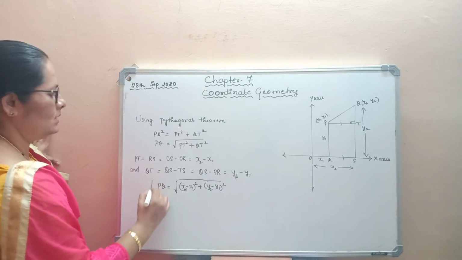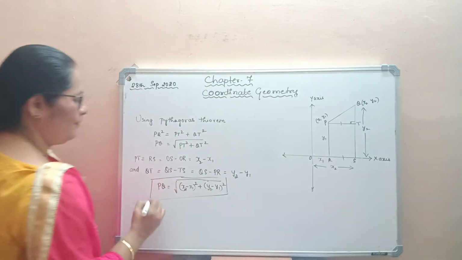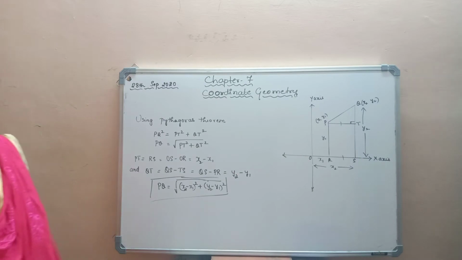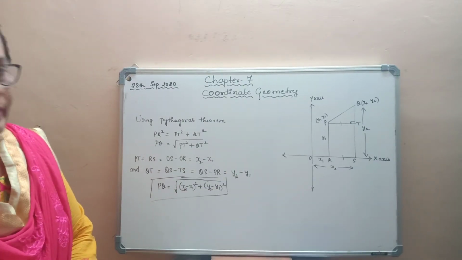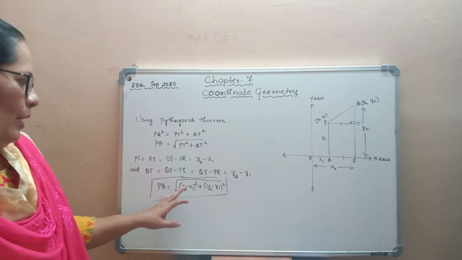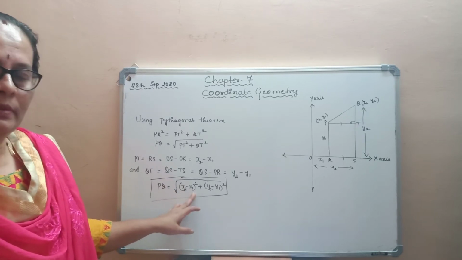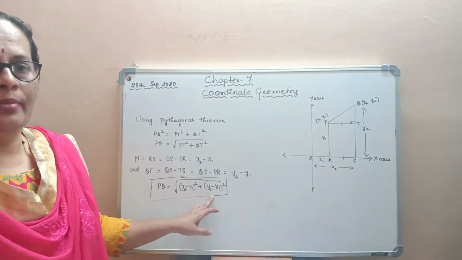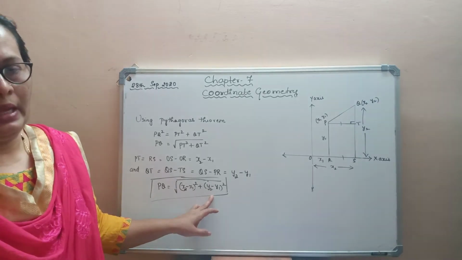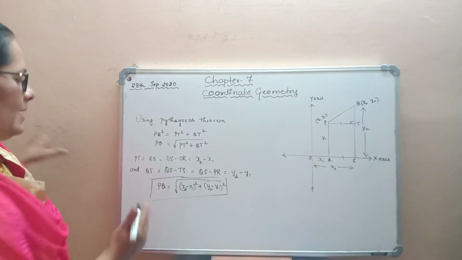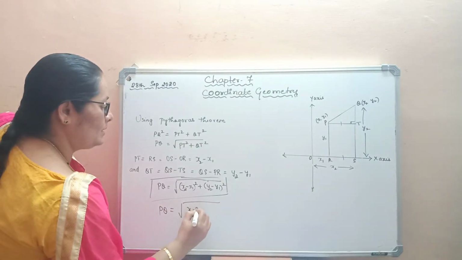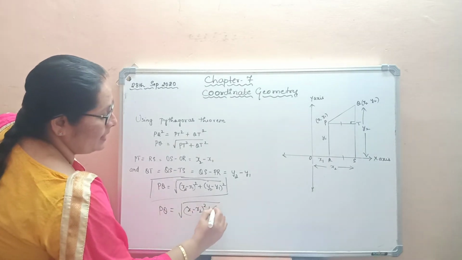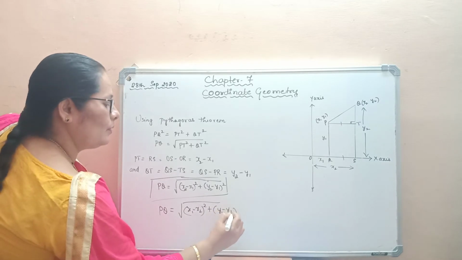So using this formula, we can find the distance between the 2 points when their coordinates are given. So that is PQ equals root of x2 minus x1 whole square plus y2 minus y1 whole square. We can also use this formula as x1 minus x2 whole square plus y1 minus y2 whole square.